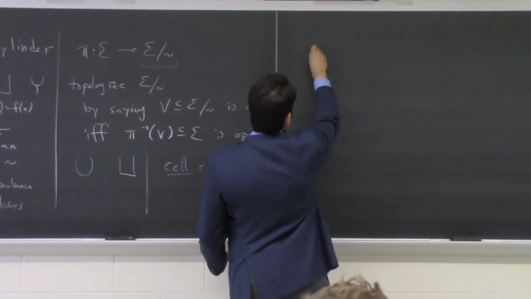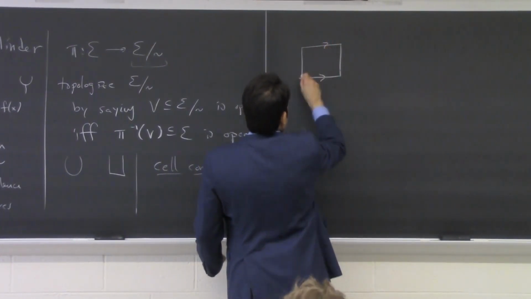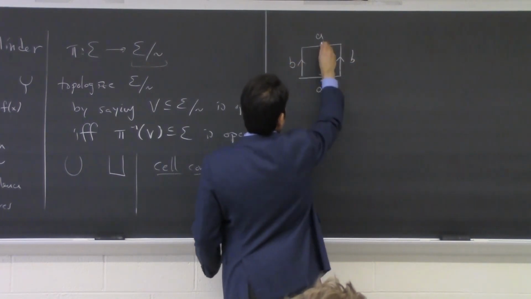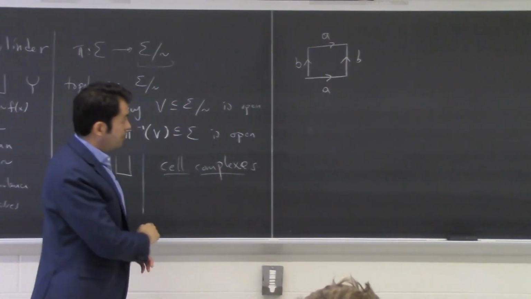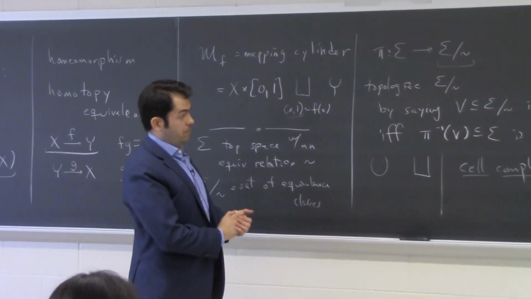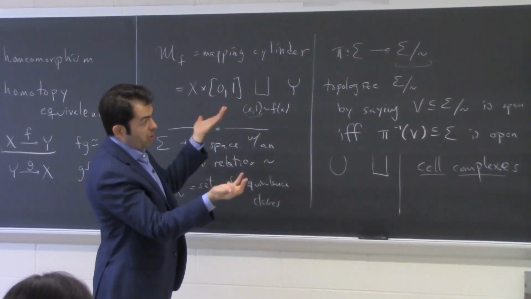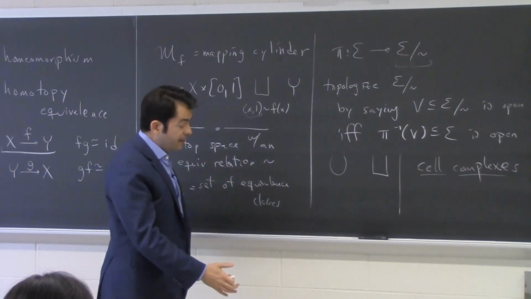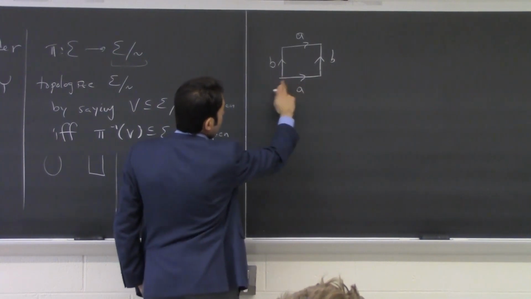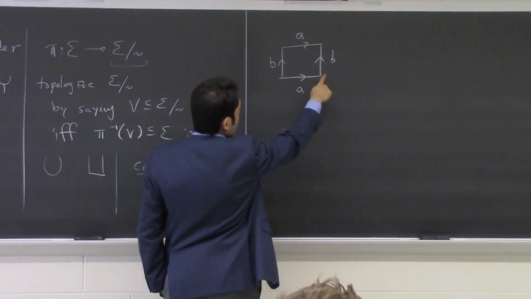So I started out with the example of the torus and its identification space, one of its identification spaces. So it's a wonderful fact that you can classify surfaces and build them up out of polygons. So we talked about how what this means is that this edge is identified with that edge and this edge with that edge.